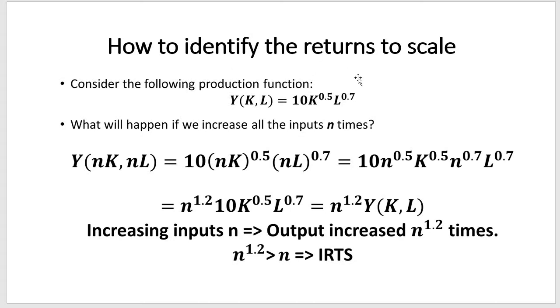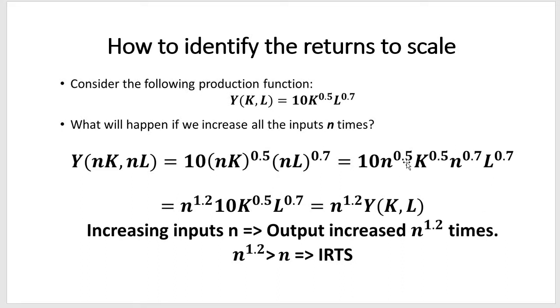So in our case, I assumed production function of this form, which is the production function of K and L. And if I assume that capital and labor increase by the same proportion, let's say n times, I have to analyze the level of output corresponding to nK and nL as independent variables. In very simple words, instead of K, I put nK, instead of L, I put nL.